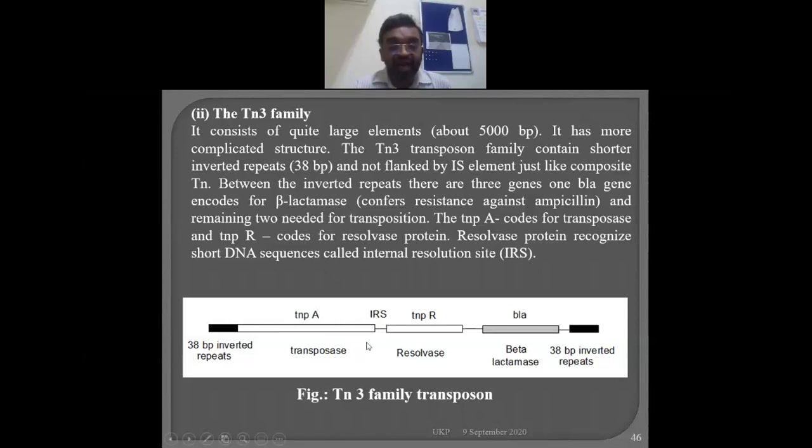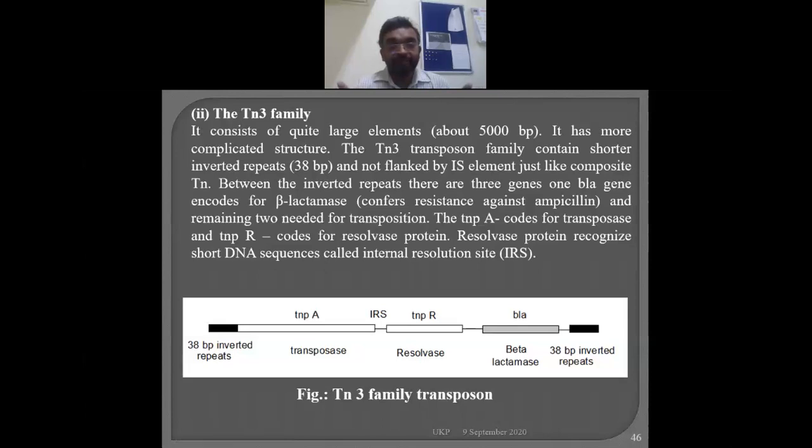So that gives the identity that this is the transposable element. In order to make a cut from here to here, and for proper binding, the internal resolution site is important because it is recognized by the resolvase, and so this is a much more complicated structure.